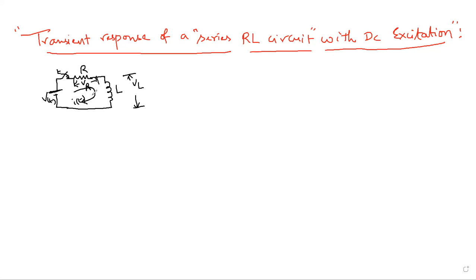Shall we apply KVL or KCL here? Because this is a loop, which Kirchhoff law can we apply?